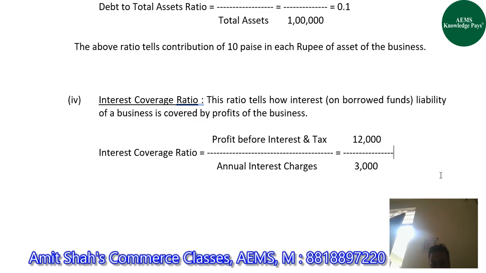So this ratio is 4 times. It means the interest liability is covered 4 times by the profits. Am I clear? It means interest can be paid by the business. Note down this much, guys, and then we go ahead.